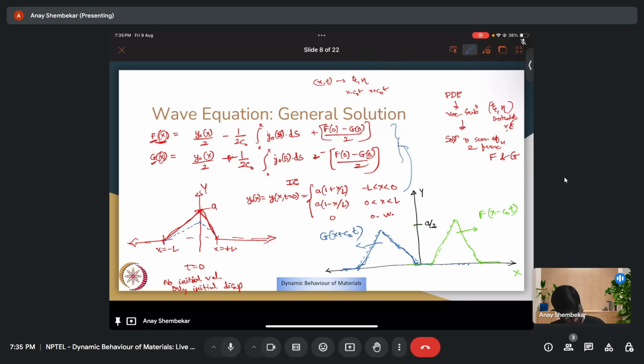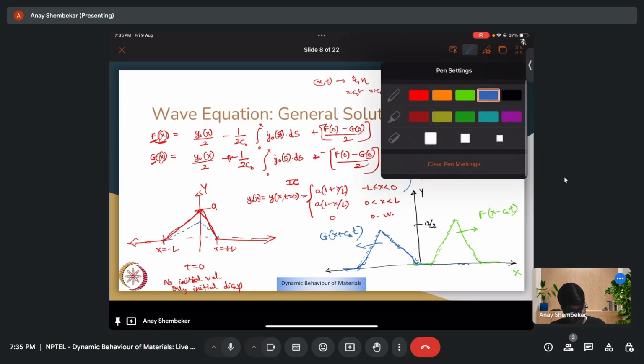Here we have assumed, or rather chosen, capital F of 0 minus G of 0 to be 0. So this is how D'Alembert's equation would be, as we can use that to obtain a general solution.